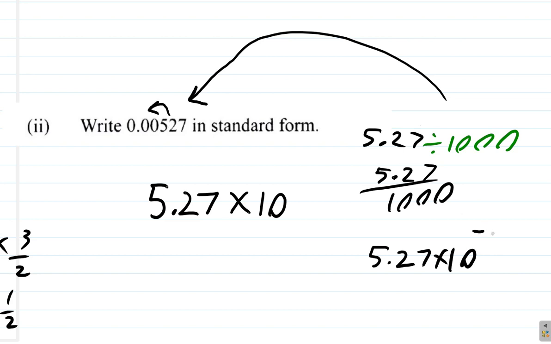Alright? And how many zeros do we have in 1,000? It's 3, so it's to the negative 3. So you see that? So 5.27 by 10 to the negative 3 is what you're going to have here as your answer. This is in standard form using scientific notation. Alright?